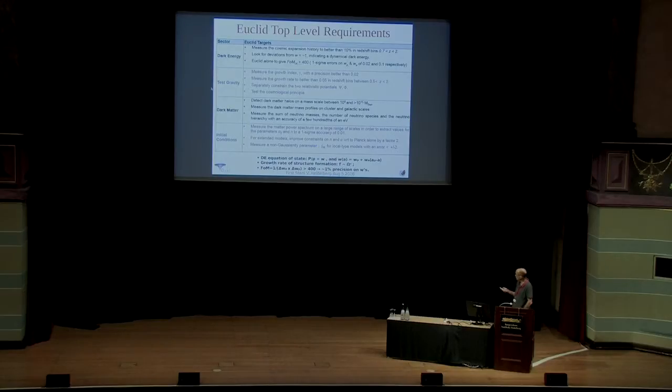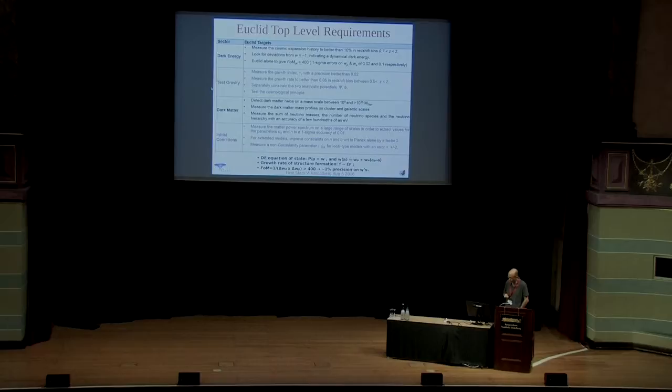So Euclid will also test gravity, and it will test general relativity over cosmological scales or alternative gravity models. It will make a census of the dark matter distribution in the universe up to redshift of about 2.